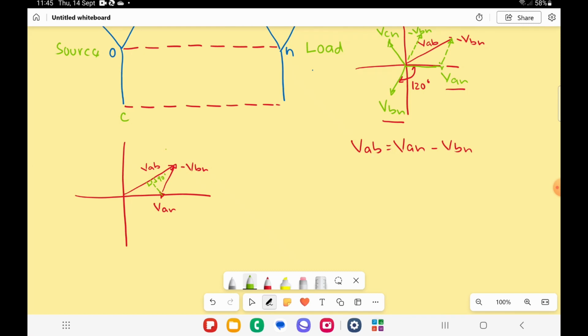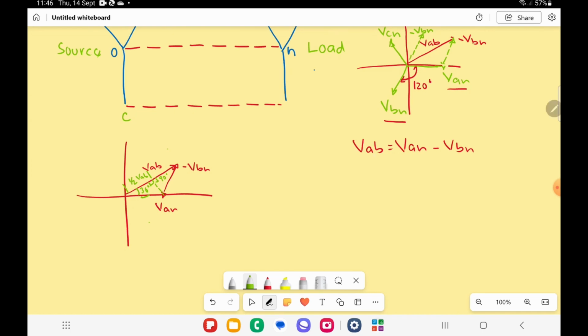We can say that this side is 1/2 VAB, and we have an angle of 30 degrees. How can we be sure that this angle is 30 degrees? We can see that the angle between phase voltage VAN and VBN is 120 degrees.